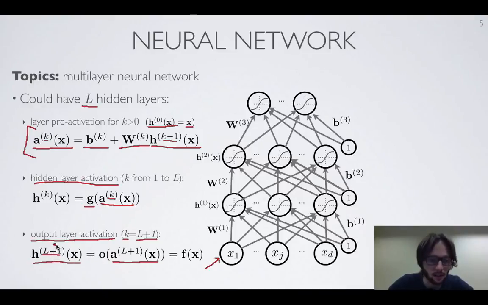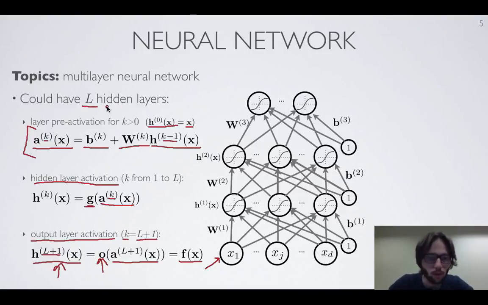For the output layer, however, we use not the g activation function but the output activation function, noted O. I'll often refer to it as f(x), the output of the neural network.